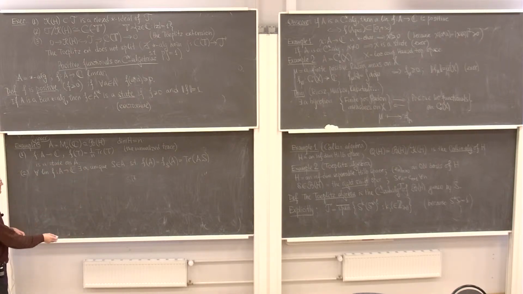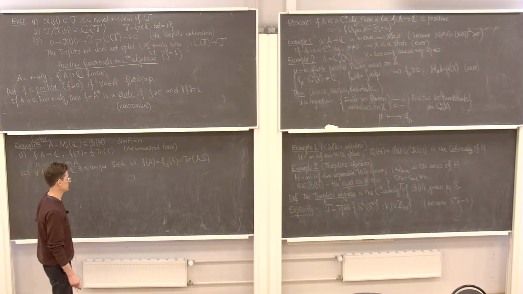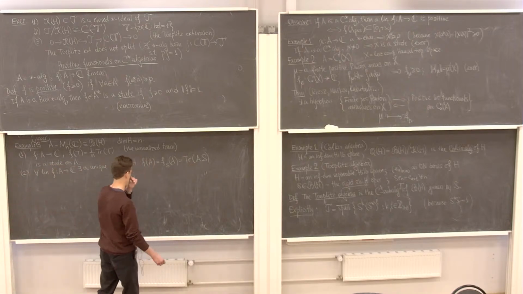So this result is sometimes referred to as the trace duality between the algebra A and itself. So the trace duality is established by the trace.